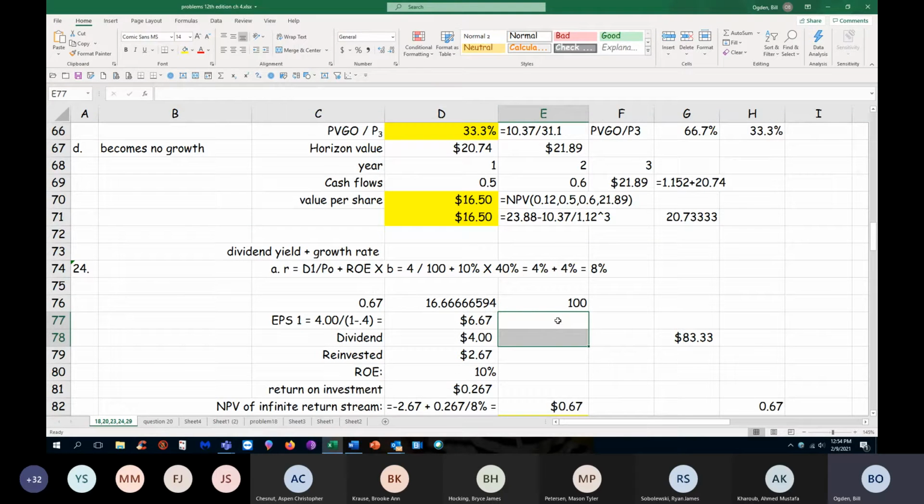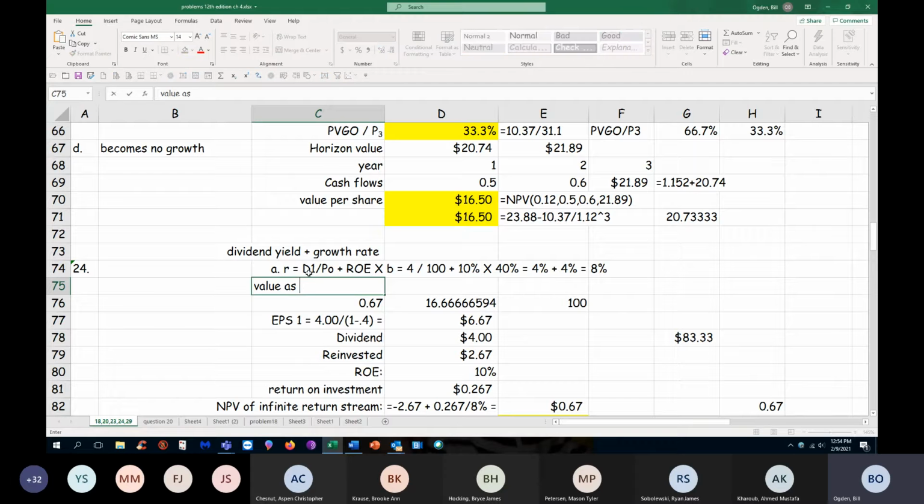Our price is 100, and let me just delete these. What is it worth? There's two parts to it. We want to know we have the value as a no growth plus PVGO, and that's equal to the price, isn't it? Right? So I know the price, that's 100.